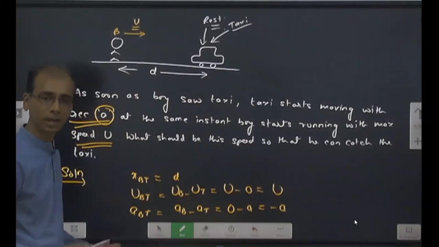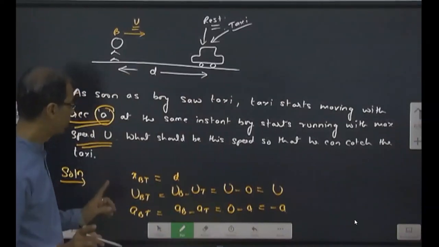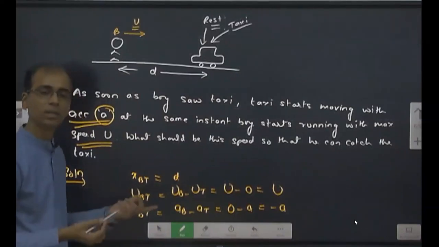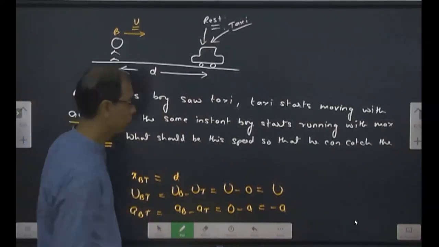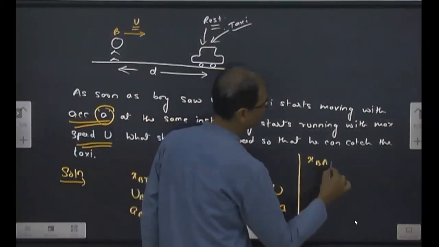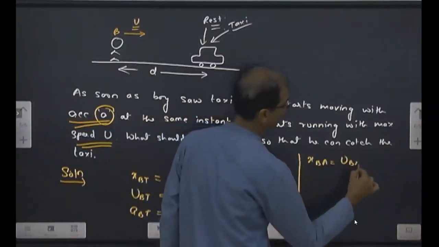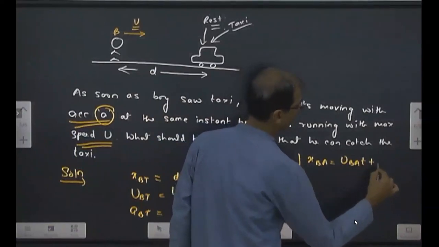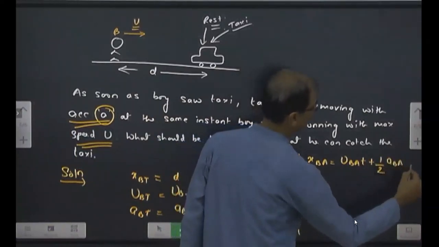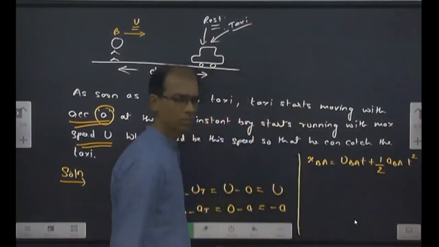What are we finding? Time. So one equation which connects x, u, a, and t is our second equation of kinematics. What is that? X_BA equals U_BA into T plus half acceleration BA into T square. No issues.